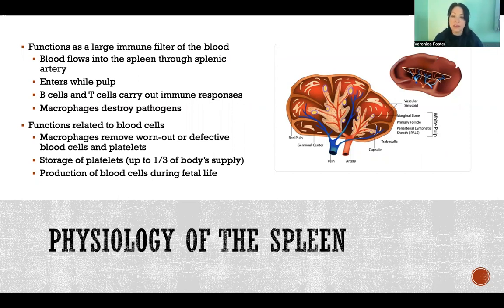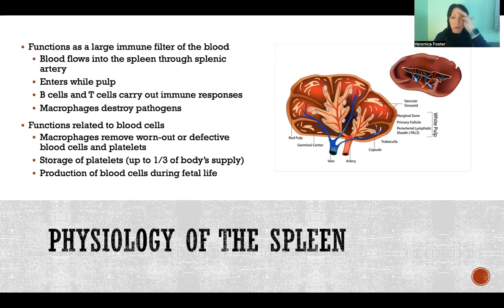So they'll be broken down and then we can recycle the parts, or sometimes we need to simply excrete the parts. They also remove worn out or defective platelets, or if our platelet count is higher than it needs to be, then the spleen will actually store up to 1/3 of the body's supply of platelets for later.